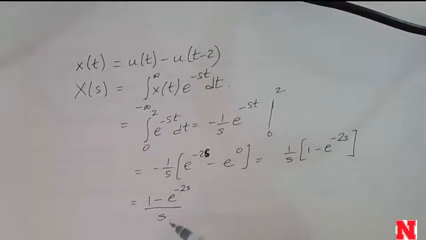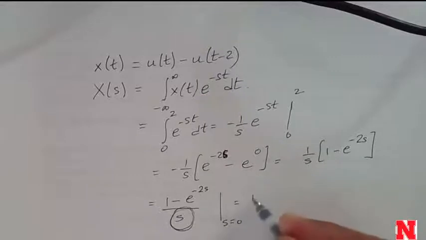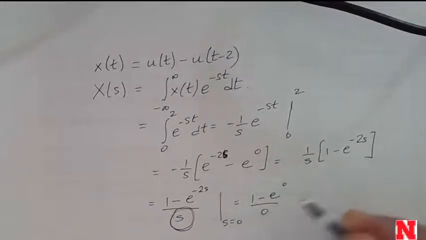In this case, we do have a polynomial on the bottom, but it's not of the form N(s) over D(s), and this is no longer a pole because at the root of this function it doesn't blow up, right? If I evaluate that at s equals 0, I get 1 minus e to the power 0 over 0, which is a 0 over 0 form, and so that's not infinity yet.